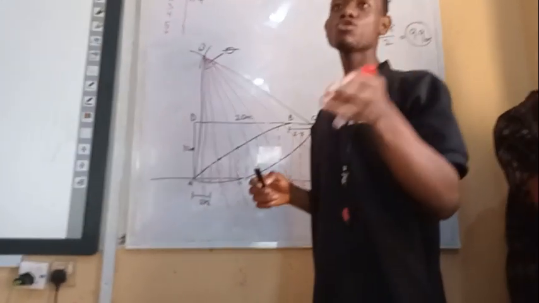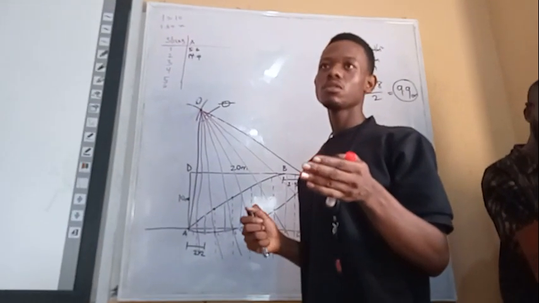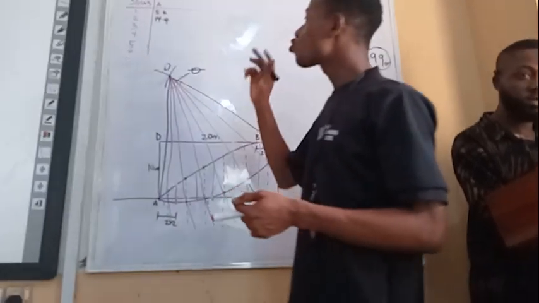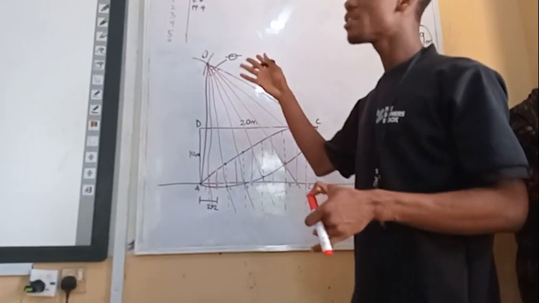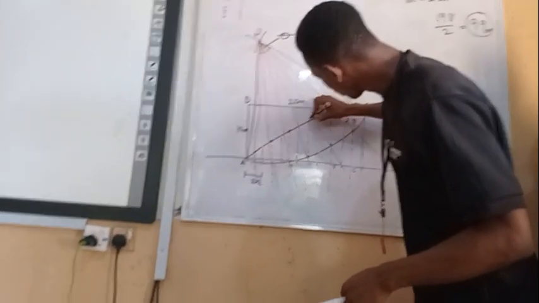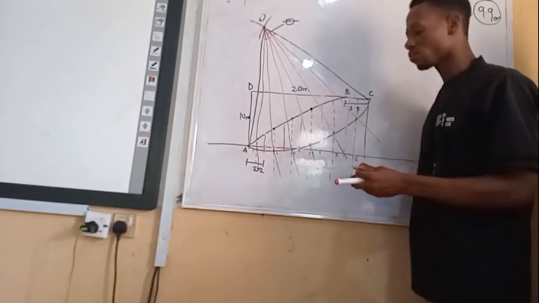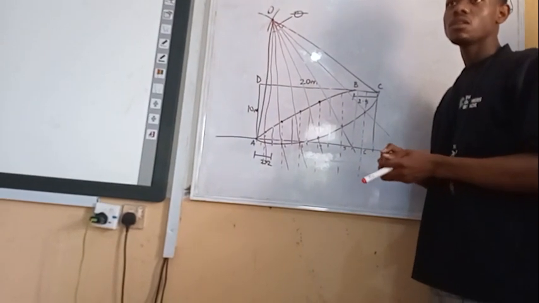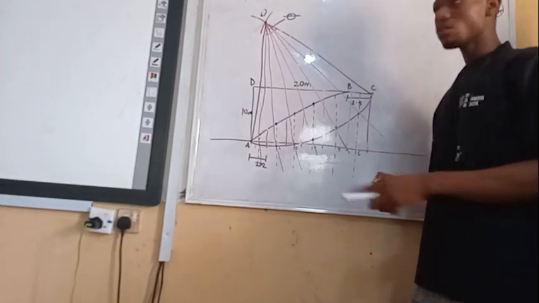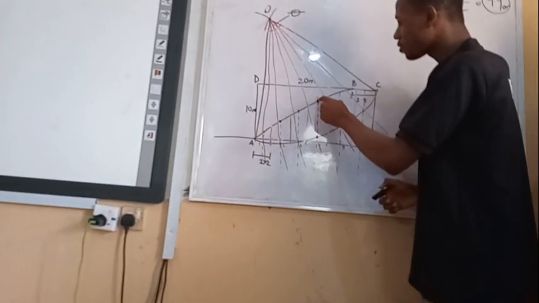2.5 times 2. Do it times 8 like that. 2.5 times 8, direct. Here, from here to here, please, what do you have?